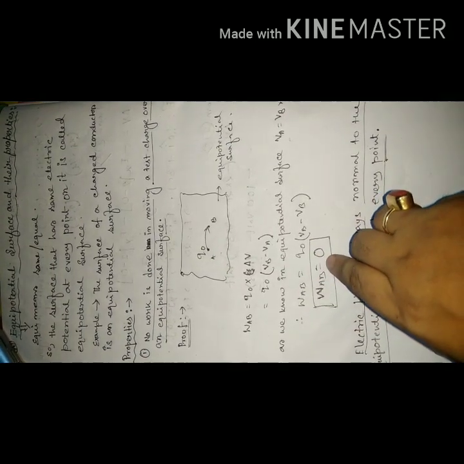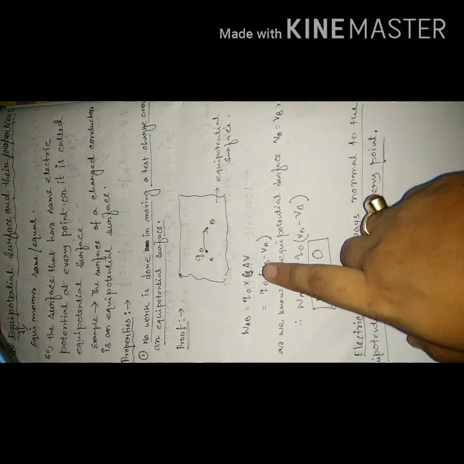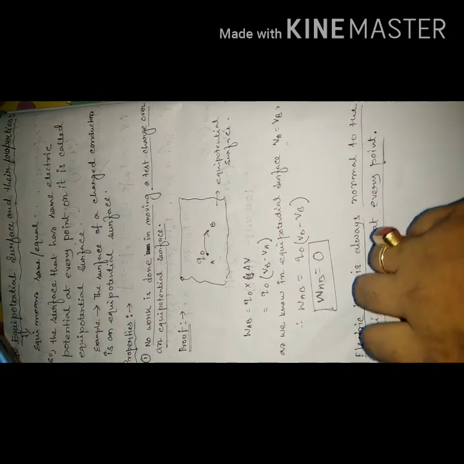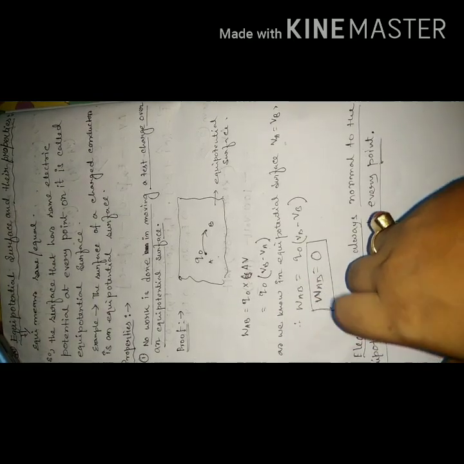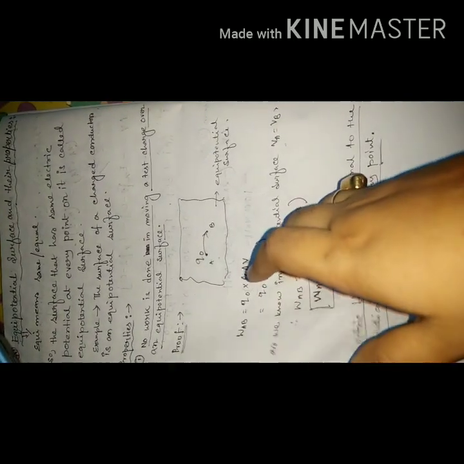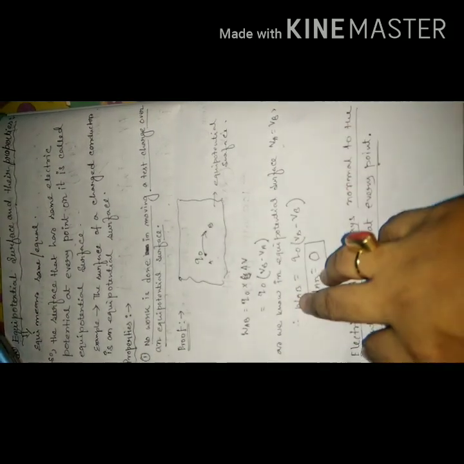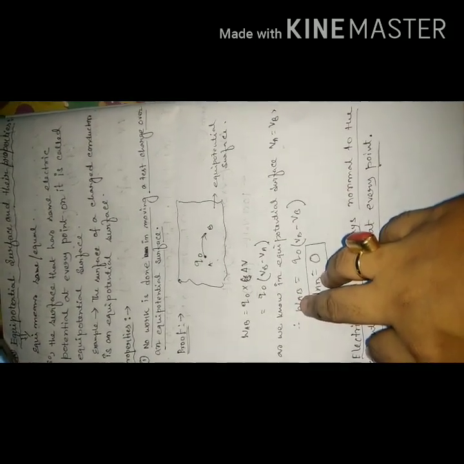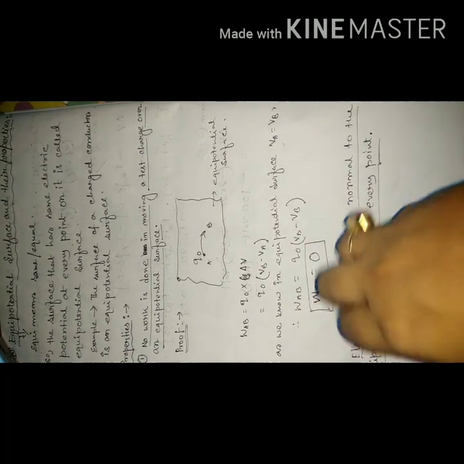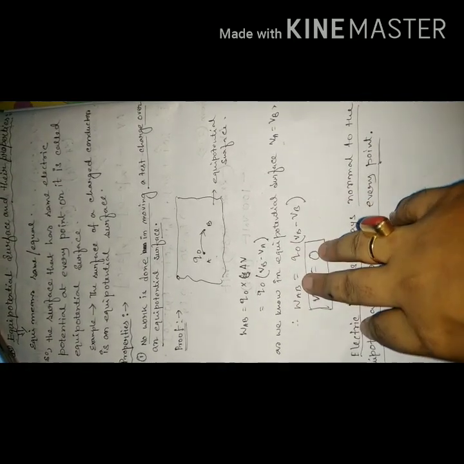So the work done equals 0. The first property is that no work is done in moving a test charge over an equipotential surface. If you move a test charge from one point to another inside the equipotential surface, the work done is 0.